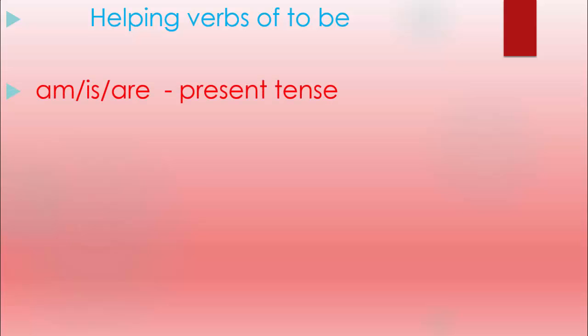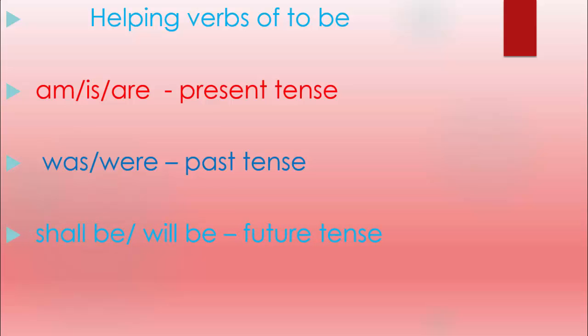Am, is, are, was, were, and shall be and will be. Am, is, are indicate present tense, was, were indicate past tense, and shall be or will be indicate future tense.